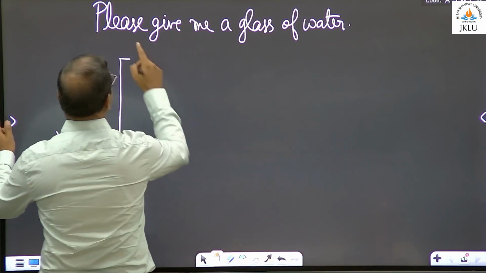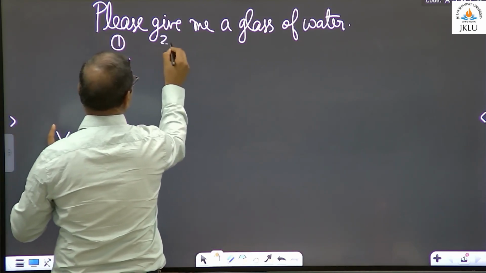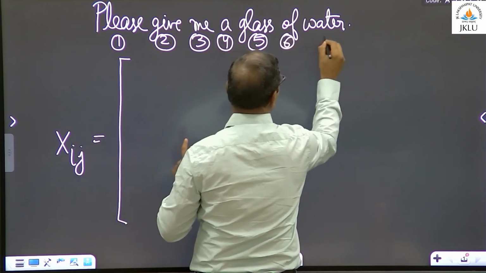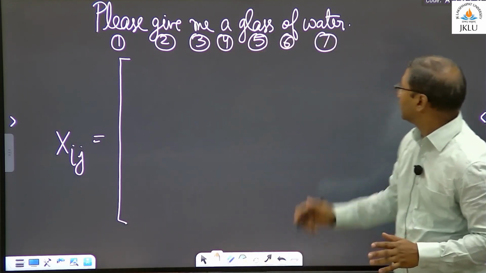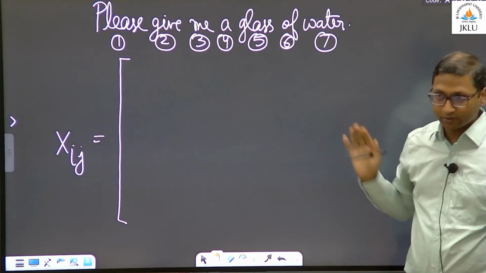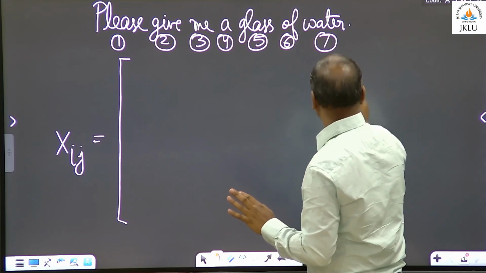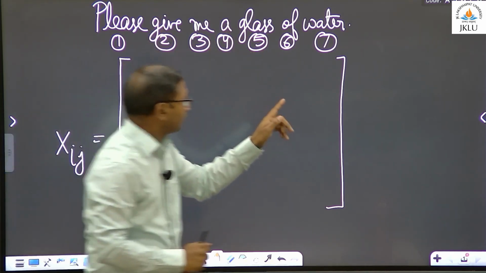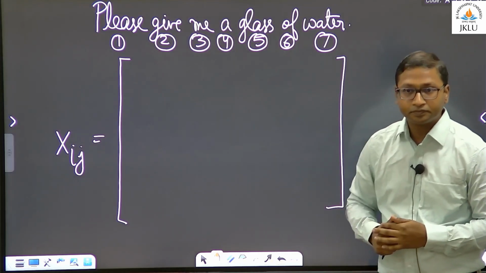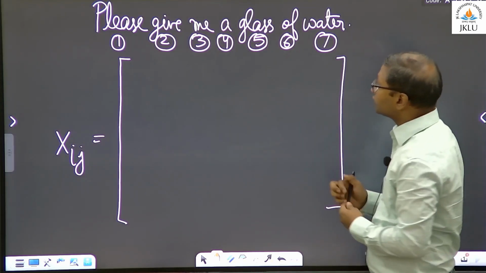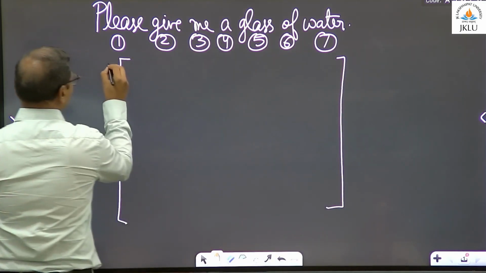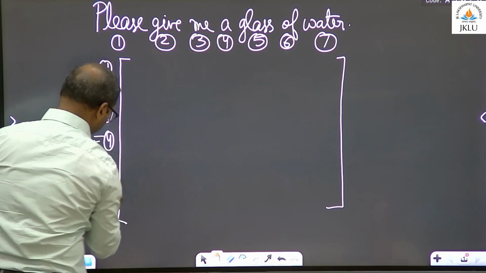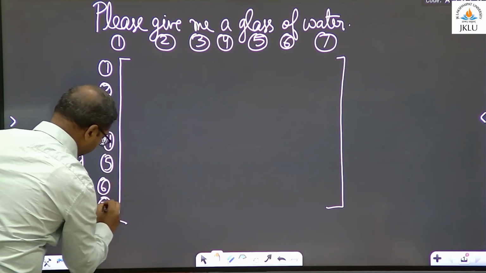Let me take this as my first word, this as my second, and for the time being I am not counting the dot as a token or a word. We are keeping things simple. Now, these are my columns, and what will be my rows? Same, very good. So rows will be the same. I have 1, 2, 3, 4, 5, 6, 7.